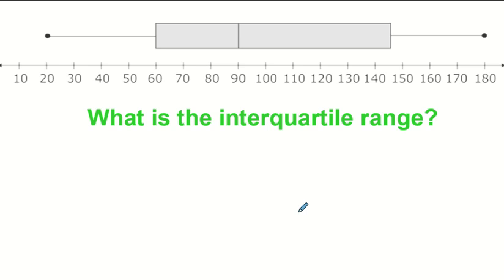Right numbers. So you said 60 to 145. That is where the interquartile range goes. When it's asking for that range or the interquartile range, you gotta actually do the subtraction though. Like we did range yesterday, that was max minus minimum. This is Q3 minus Q1. Okay?